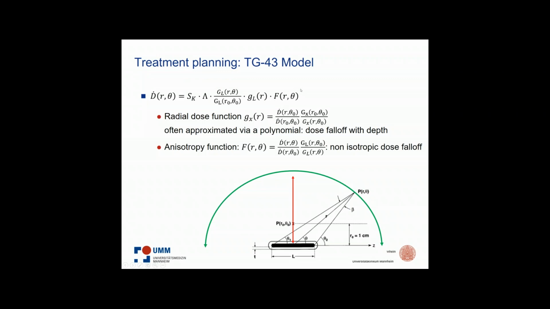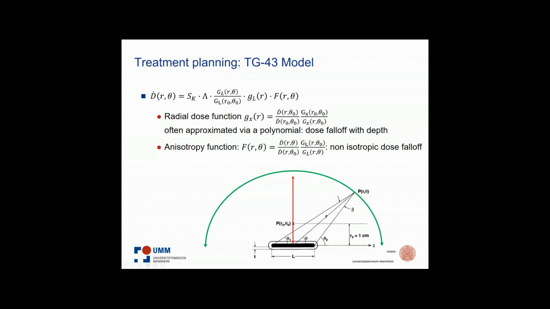The second part here is that we might have deviations if you go along this green line with the point P. So we keep a fixed radius and just vary the angle, and do that for different radii. And this we call an anisotropy function, F(r, theta).